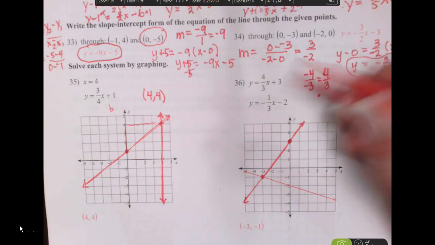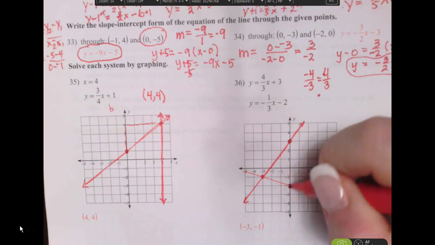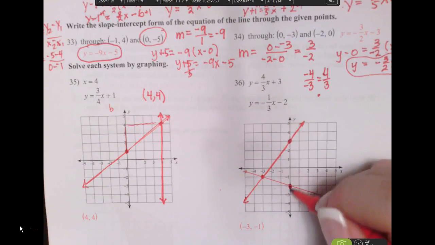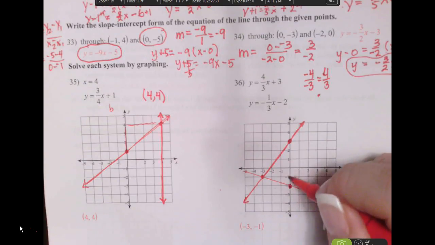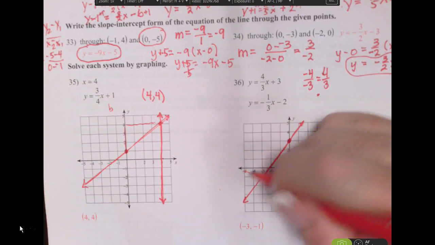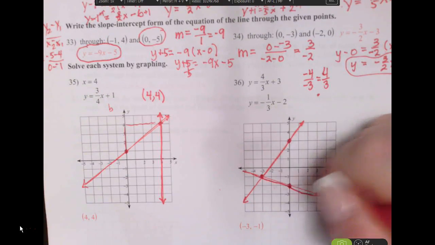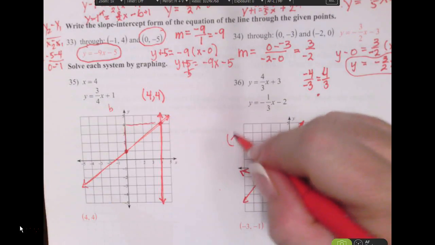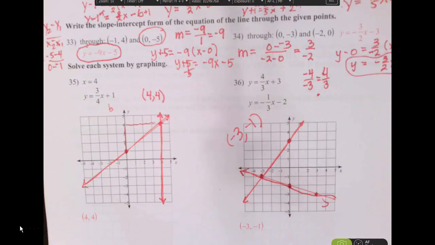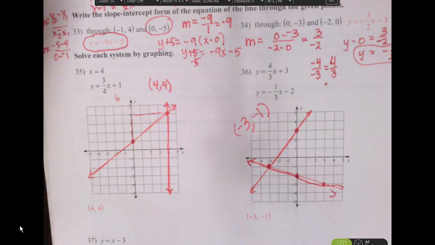Then to graph the other one, I go down to negative 2, that's my start point. Negative 1/3 goes down 1 and right 3, or up 1 and left 3. And so those 2 lines are going to meet over here at negative 3, negative 1. And that's the solution to that one.